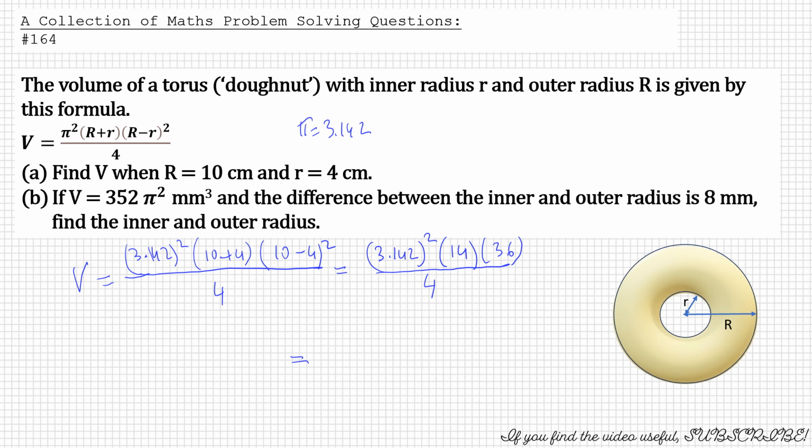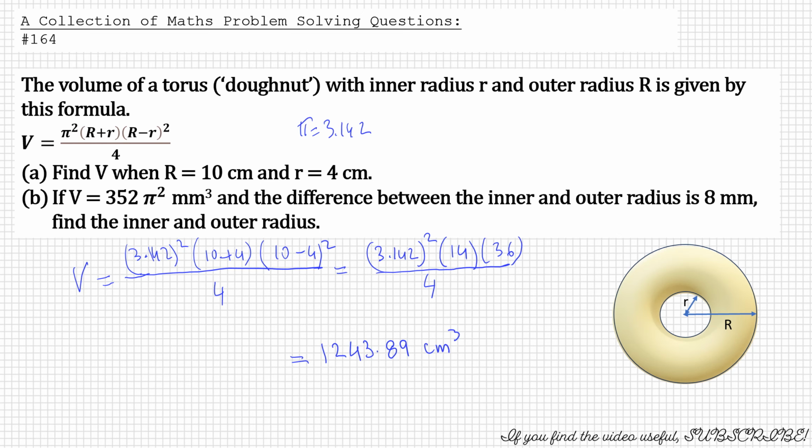So I use my calculator: 3.142 multiplied by 3.142 multiplied by 14 multiplied by 36, divided by 4, equals 1243.89. So I'm going to write that, 1243.89 centimeters cubed. So that would be the volume.